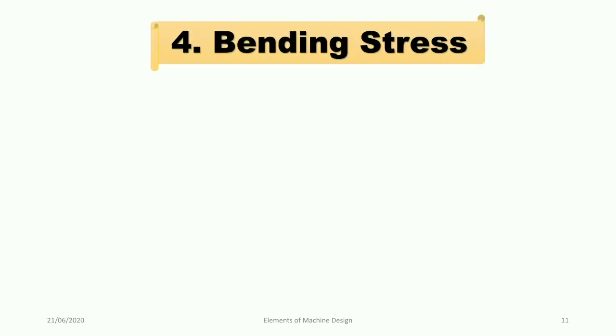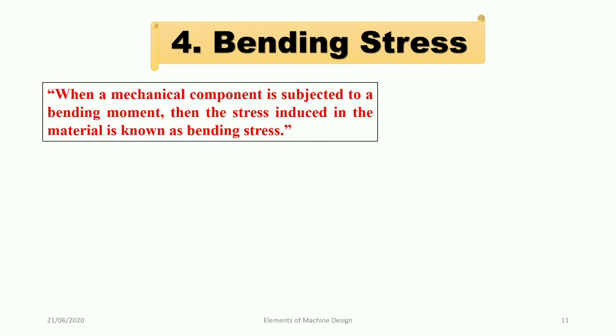Then the next, fourth type of stress is bending stress. What is bending stress? When a mechanical component is subjected to a bending moment, then the stress induced in the material is known as bending stress.